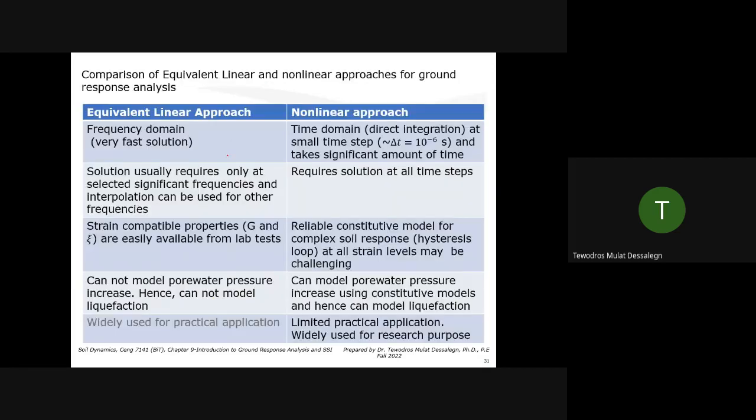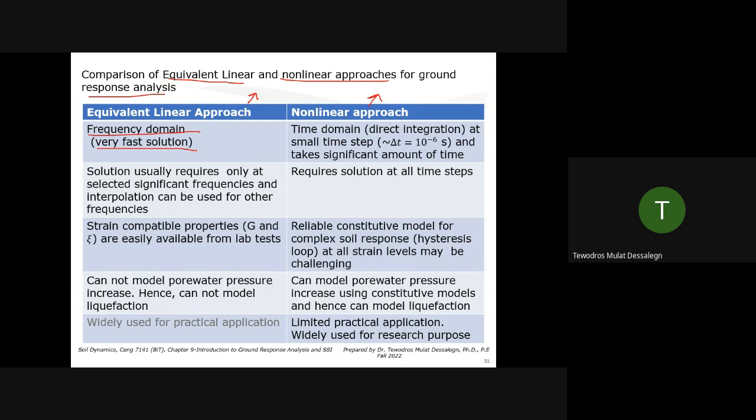So, a comparison of equivalent linear and nonlinear approaches for ground response analysis. The equivalent linear approach is like SHAKE. These are the ones using degradation curves. This is the one using constitutive models. The equivalent linear approach gives the solution in the frequency domain. The speed we talked about comes from the frequency domain.